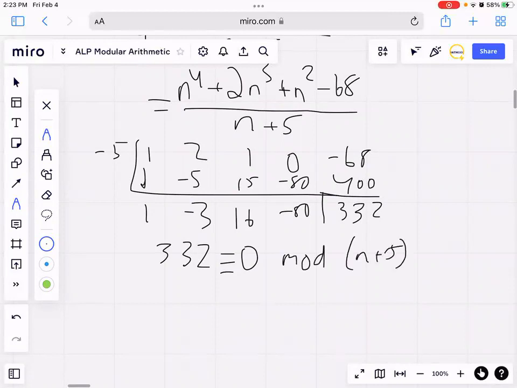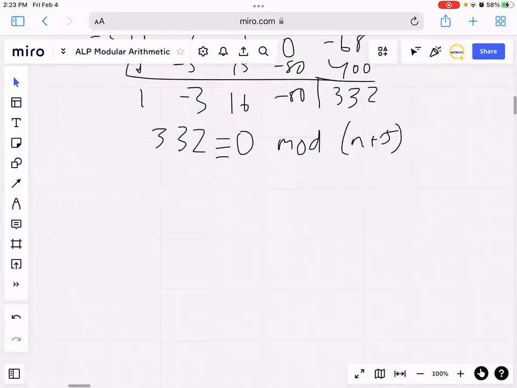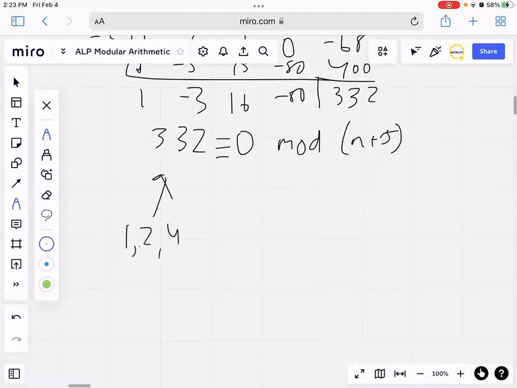So now we just find divisors of 332, and doing that yields that 332 has divisors 1, 2, 4, 83, 166, and 332. And we have to be careful with these roots because this is mod n plus 5, so we're going to have to reduce down.